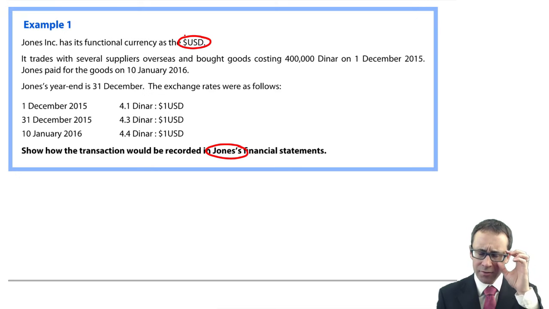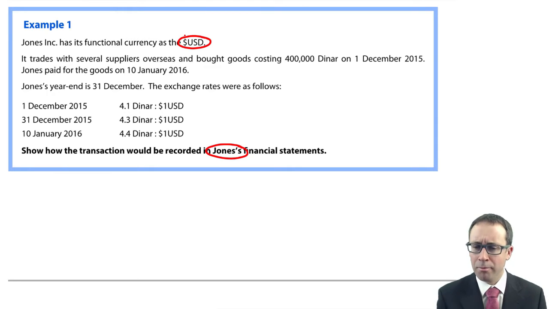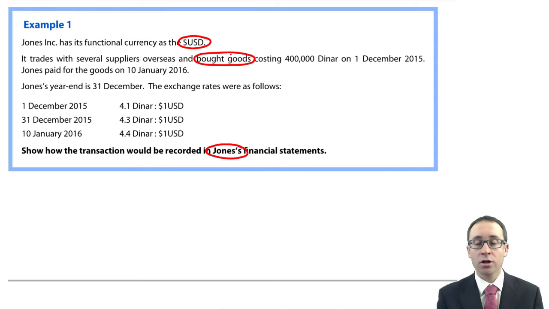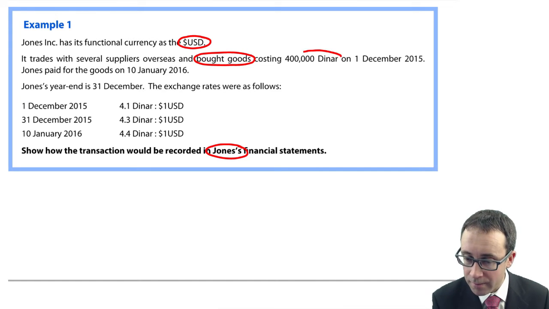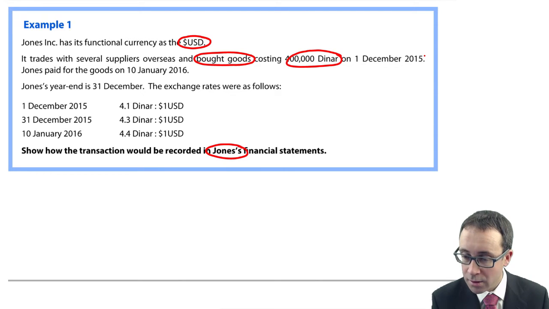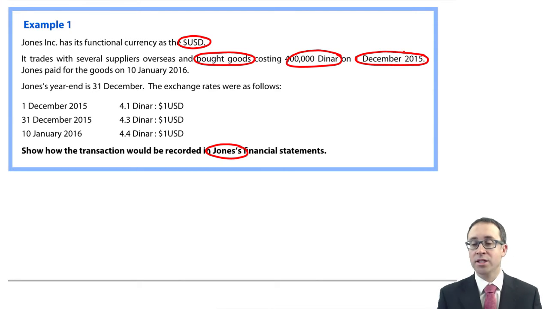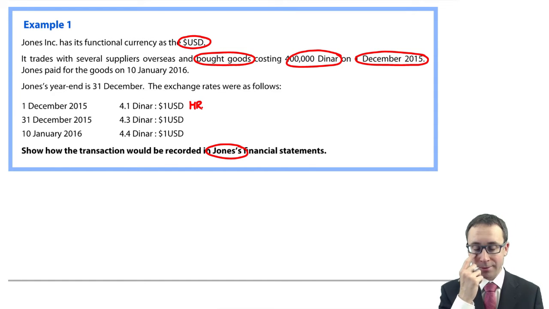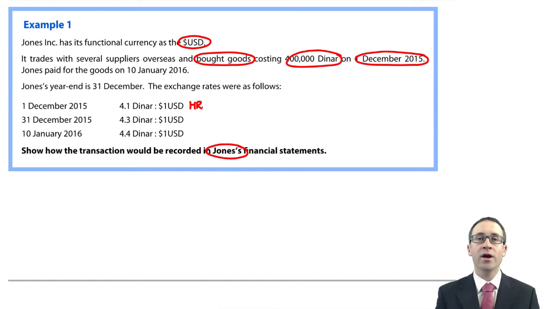It says there it trades with several suppliers overseas and bought goods. So we've made a purchase costing 400,000 dinar on the 1st of December 2015. So we will need to find out what the exchange rate was there on the 1st of December 2015. So down at the bottom there, we can see that we have the historic rate, can't we? Okay, which is 4.1 dinars to the dollar. Okay.